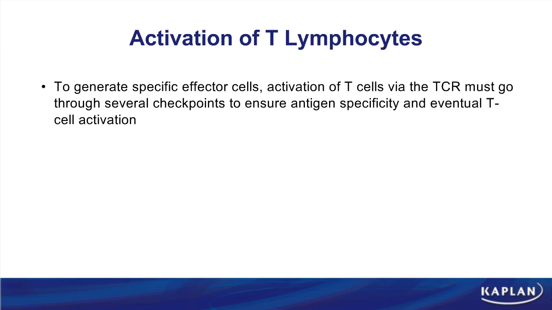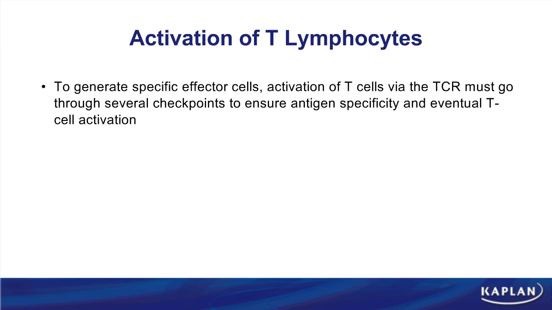The rest of this chapter is going to be geared at the activation of our lymphocytes, our T and our B lymphocytes. We're going to go ahead and start with our T lymphocytes because really when it comes down to it, the rest of the adaptive immune system is dependent upon the activation of our T cells, these high-maintenance little boys and girls.